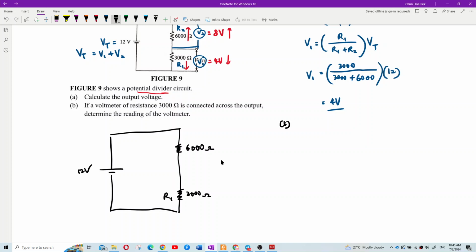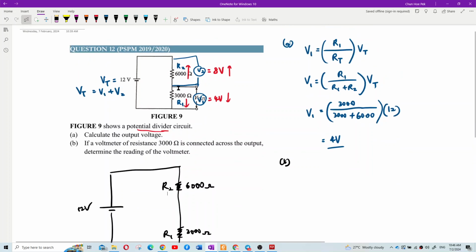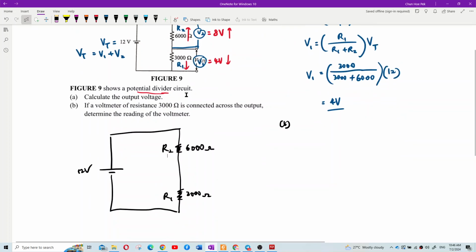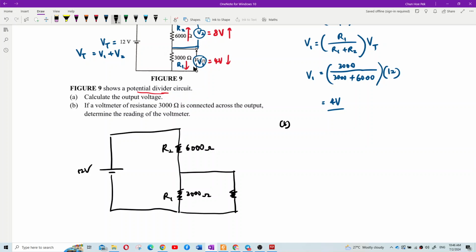This is R1, this is R2. This time he put another voltmeter across the output, across the 3000 ohm. So that means here there is another resistor, also 3000 ohm. I can put this as R3. But this one is actually a voltmeter.